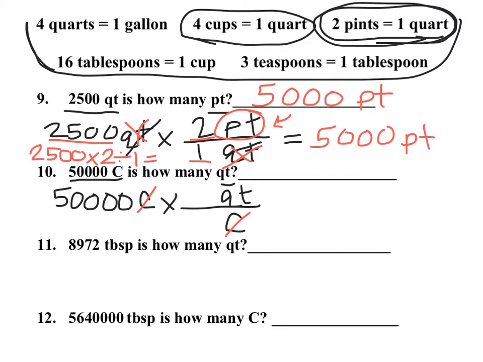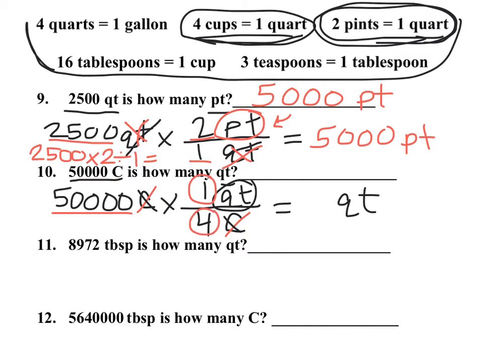But let's make sure we use our proper numbers. There's 4 cups for every 1 quart. Now that cups cancel out and you're left with quarts for your units, your conversion looks like it's going to work out. Again, remember, you always take the first number, multiply it by the top, and divide by the bottom. So that means you're going to do 50,000 times 1, because that's on top, divided by 4, because that's on the bottom.